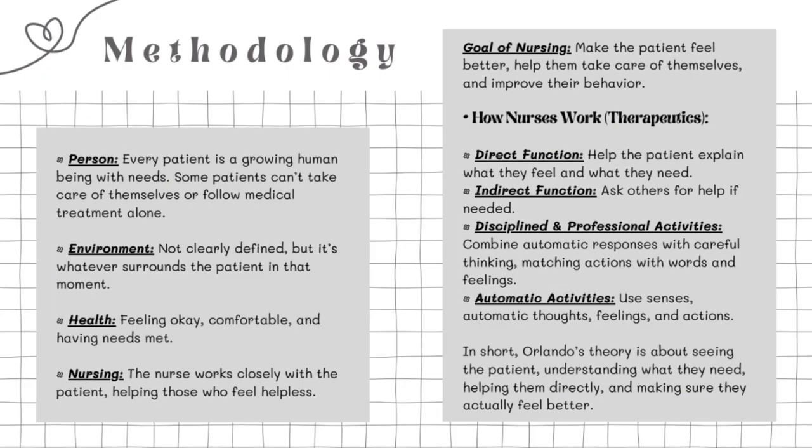Second is the indirect function, where nurses ask others for help if needed. And the third, we have discipline and professional activities. This combines automatic responses with careful thinking, matching actions with the right words and feelings. And lastly, automatic activities, which include using the senses, automatic thoughts, feelings, and actions.